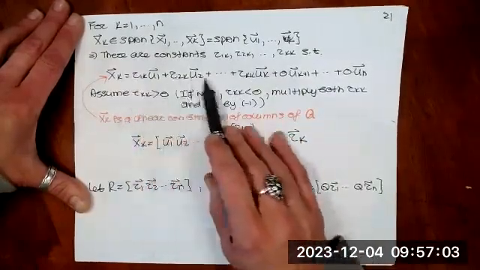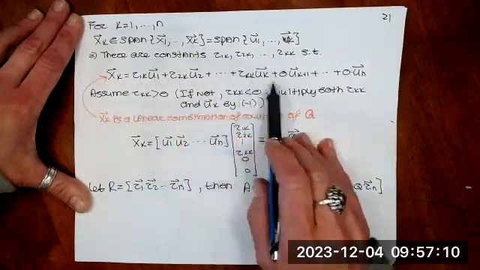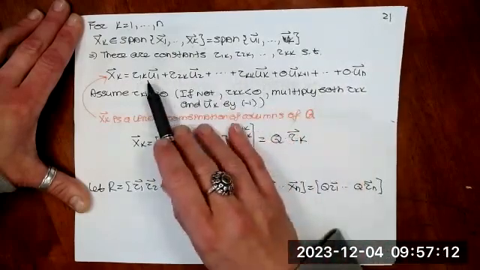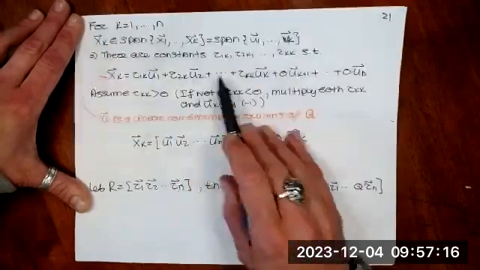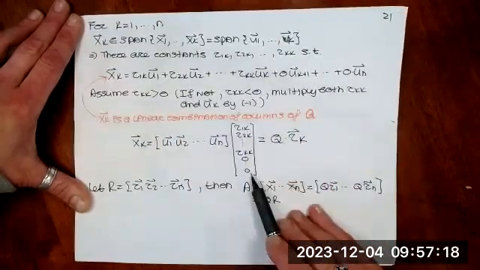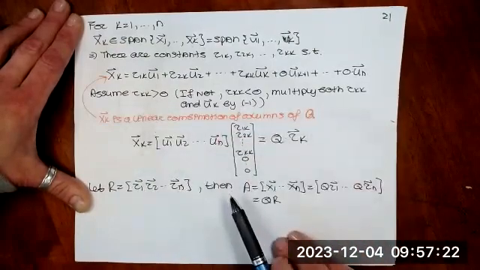But then if I rewrite this in more of a matrix multiplication format, those are my weights multiplied by basis vectors that I can imagine as columns in a matrix, multiplied by the coordinate vector of xk relative to u.